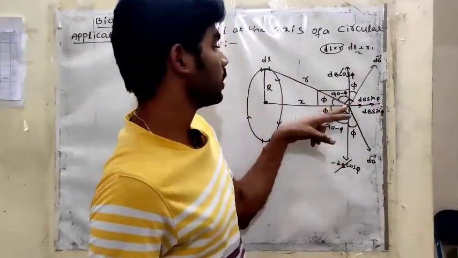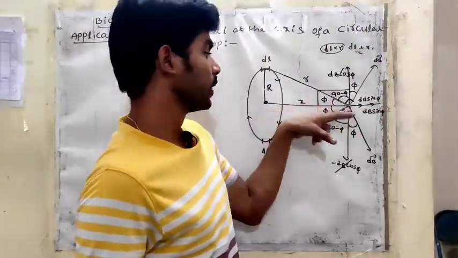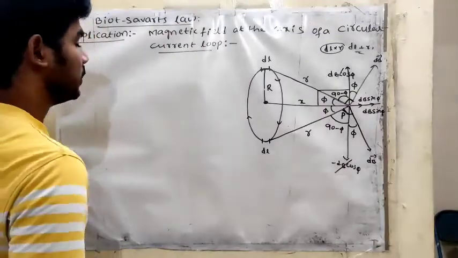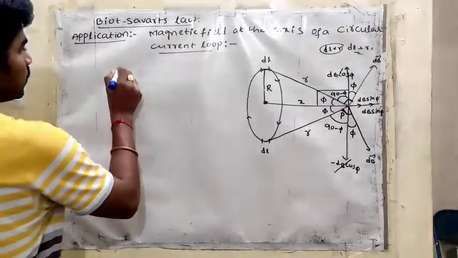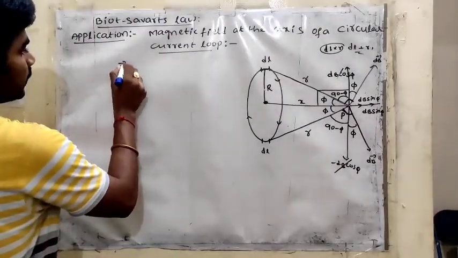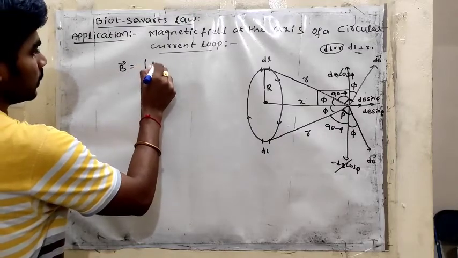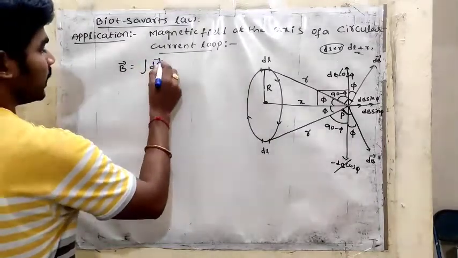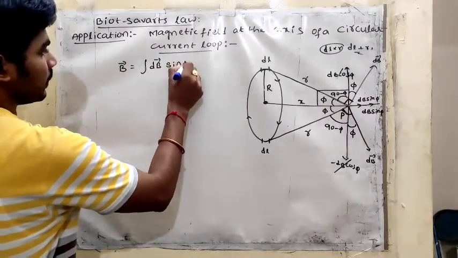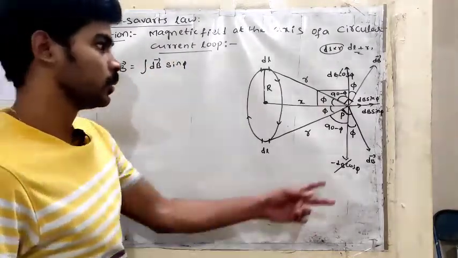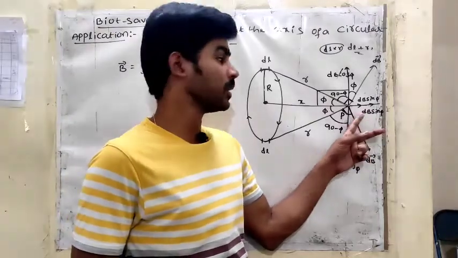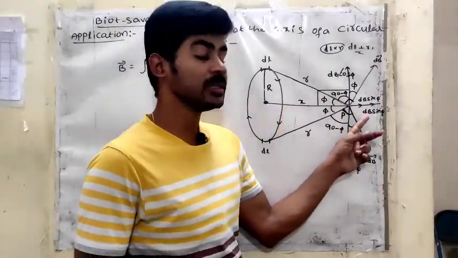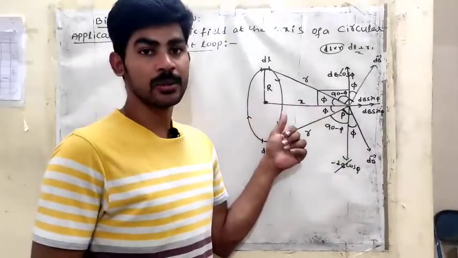Along the axis only we are calculating the magnetic field at point P. So how can we calculate the net magnetic field? B bar is equal to the integral of dB sin phi. Here actually it is 2 dB sin phi, but this dB sin phi gives the half circle magnetic field, and this dB sin phi gives the other half circle magnetic field.